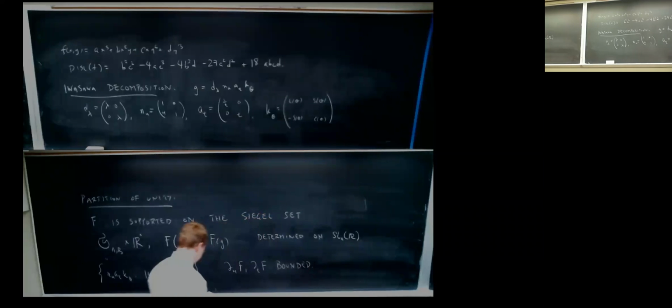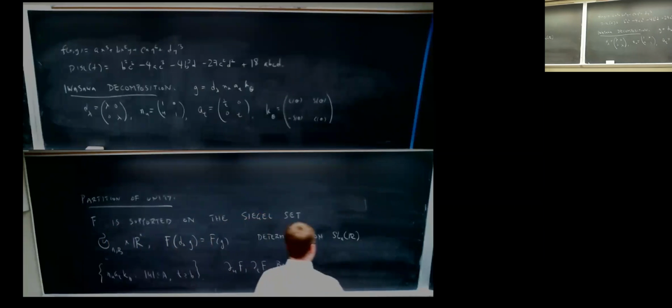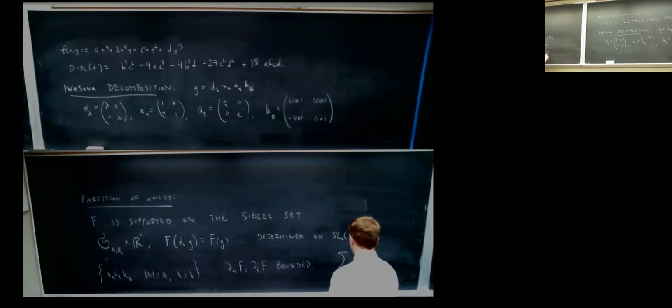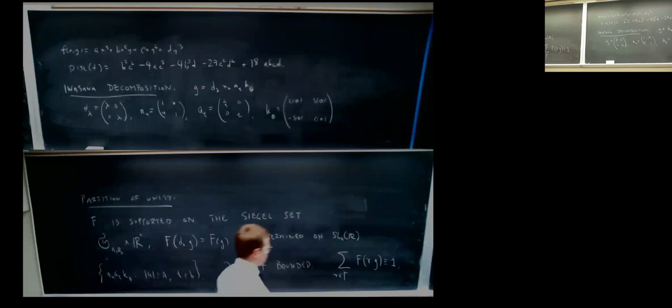Here, this is equal to matrices n(u) a(t) k(theta), where u is equal to a and t is equal to c. That's a simple set. Assume that the partial derivatives in u and t of F are bounded. Then gamma F, gamma times G.